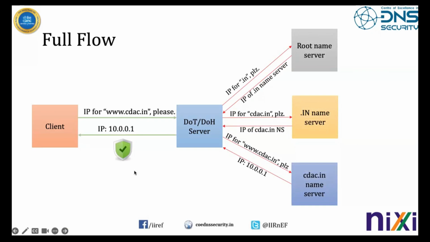So remember, only the communication from the client to the DoT or DoH server is the encrypted part. After that, whatever is going in the backend from the DoT or DoH server to these servers is not encrypted.